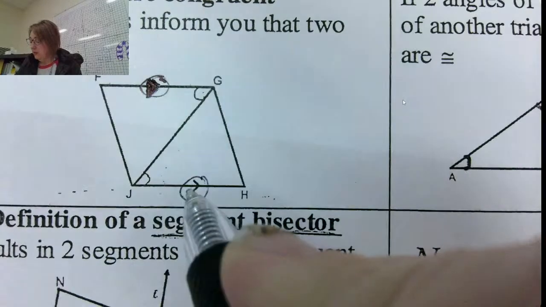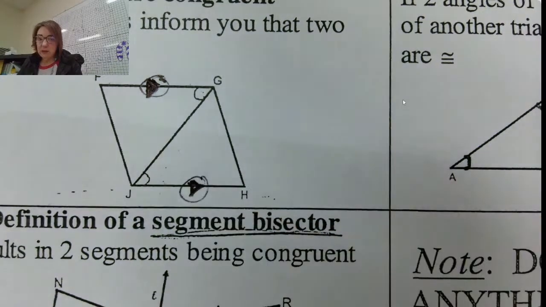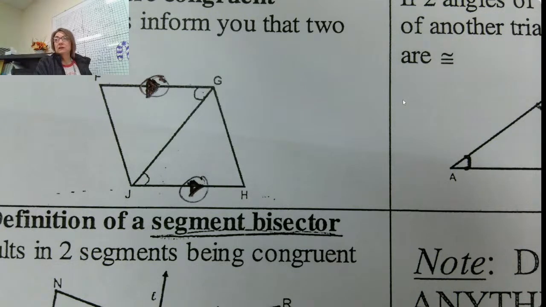Like this is an arrow, and this is an arrow. What does that mean, those little arrows? No. Good try, but they are parallel. When you have arrows on lines, that indicates they're parallel to each other.